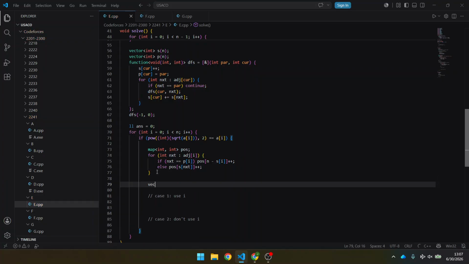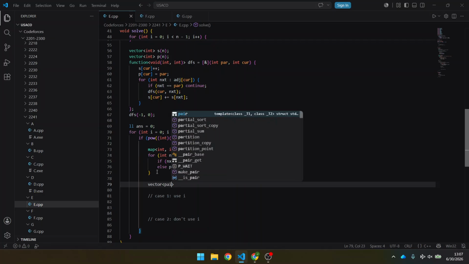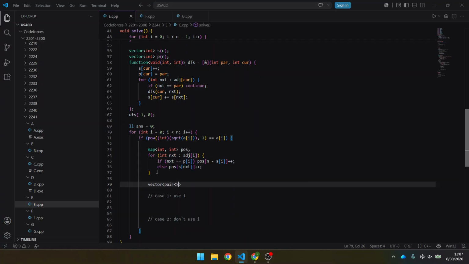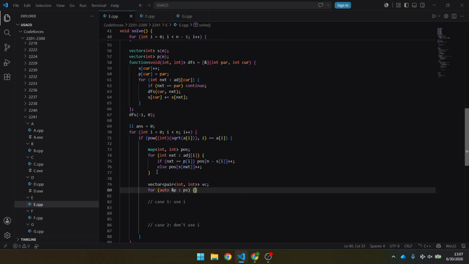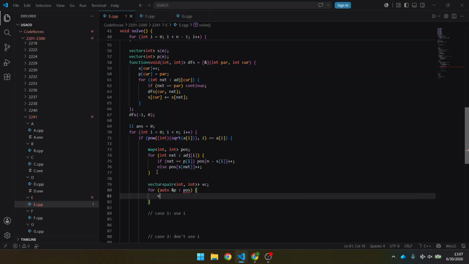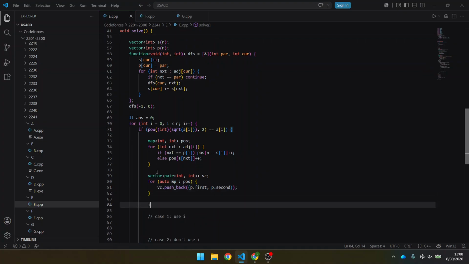Let's convert it to a vector. Vector of int, for auto p in pairs, vc dot pushback p dot second, p dot first. Do we need the first? Yeah, we need the first. Okay. Int m will be equal to vc dot size.